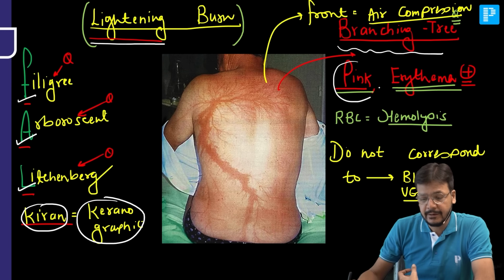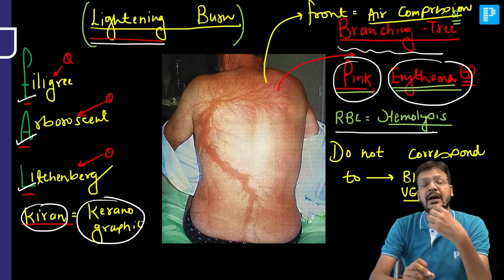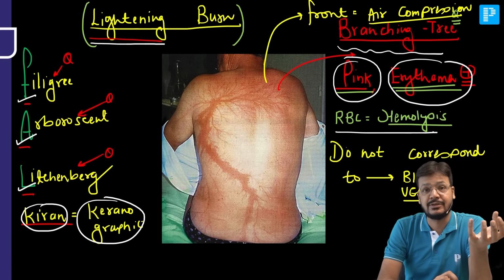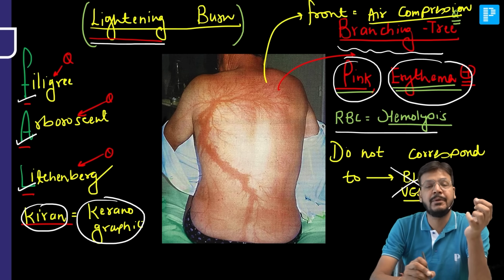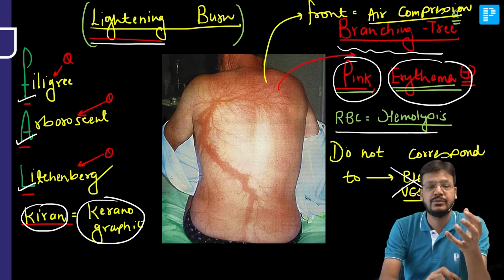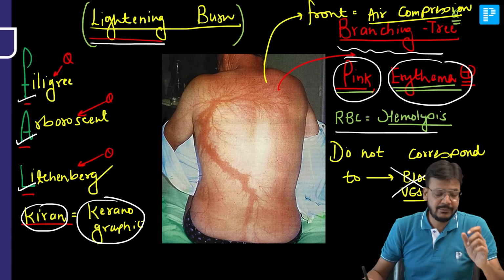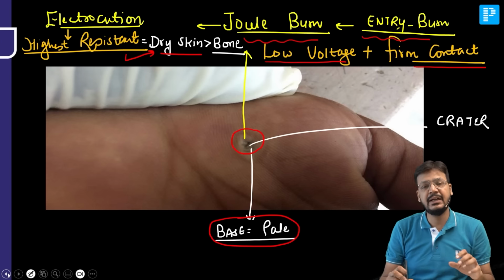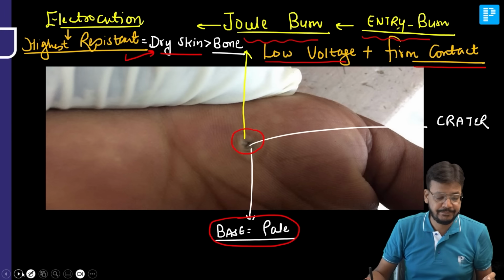These are pink, these are erythematous, and my dear friend, these are because of RBC hemolysis or RBC degeneration. These do not correspond to the blood vessels, and air compression always goes in front. So that is a very, very important burn, that is lightning. So I have come to three conclusions. The first is low voltage and firm contact causes crater shaped joule burn.